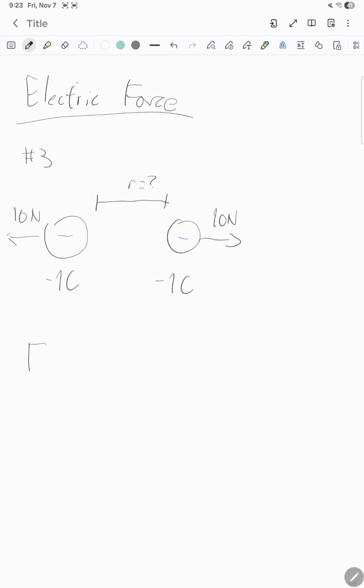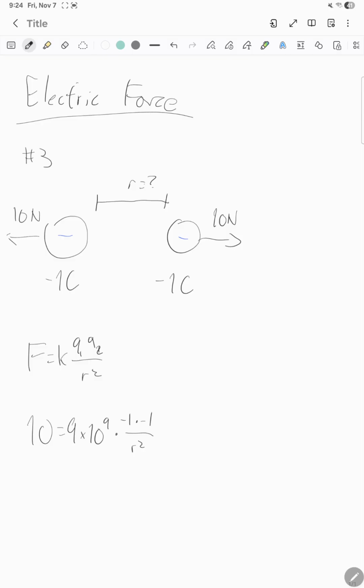Again, we'll take Coulomb's law, and we'll have k q1 q2 divided by r squared. We know that the force is 10, and then we'll have 9 times 10 to the 9, and then -1 times -1 divided by r squared.